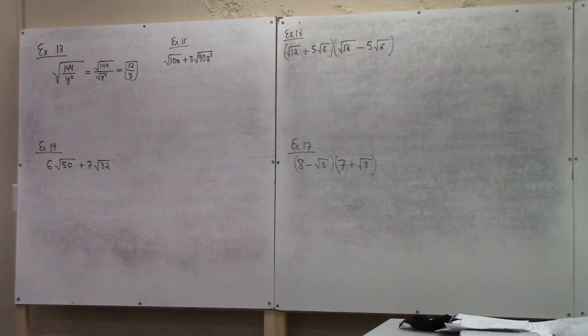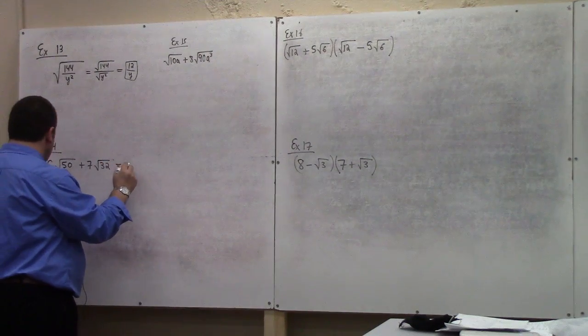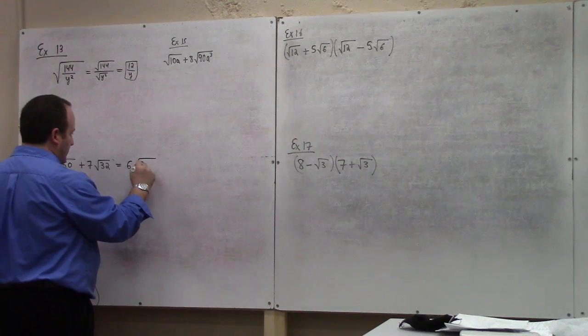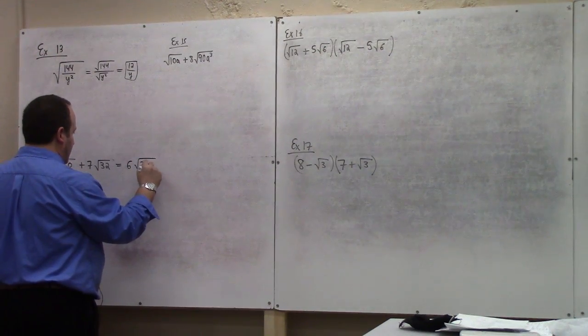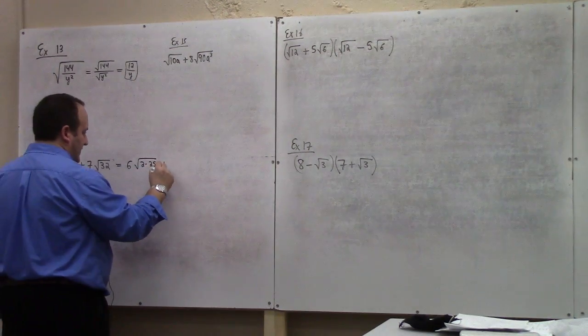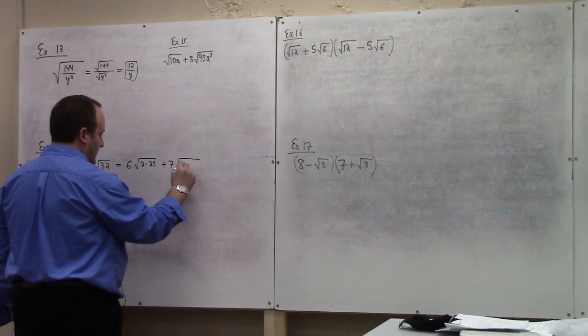Now this next one, we're supposed to simplify using exact roots. And so let's see, that's really 6 times the square root of 2 times 25, right? And then plus 7 times the square root of 4 times 8.